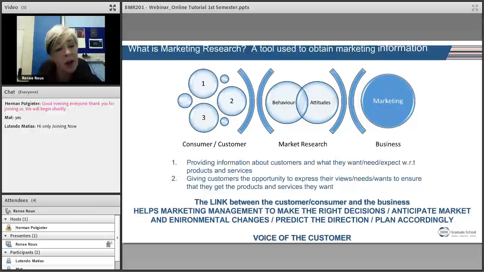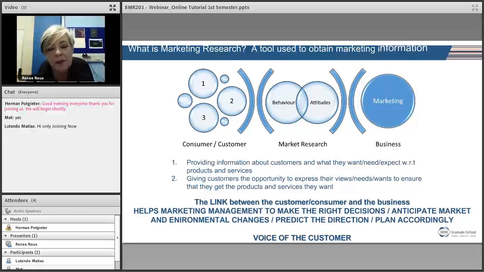And totally on the opposite side, you have a business. That business needs to know and understand the customer and the consumer, and that customer and consumer also needs to get hold of the business to tell them what it is that they want. And market research is in between these two.